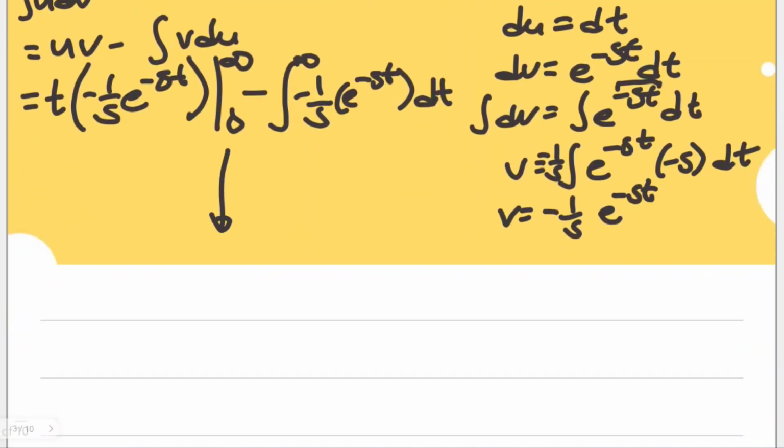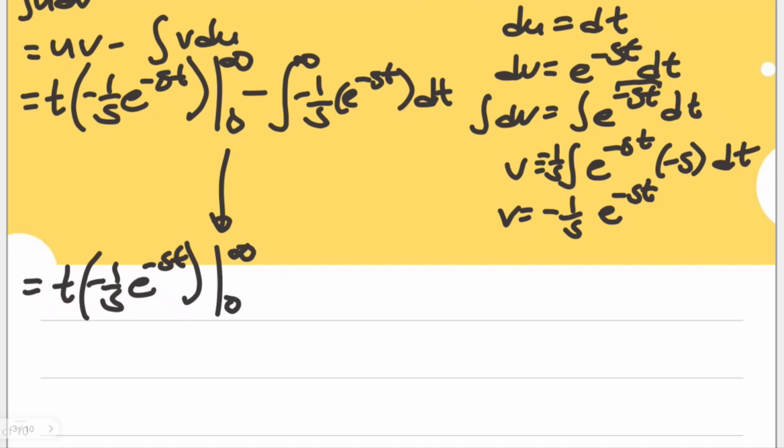Because you can rewrite here t times negative 1 over s e to the power of negative st, again 0 to infinity. And then we can now rewrite this with 1 over e to the power of st using the law of negative exponent. So we have here 3 factors now.